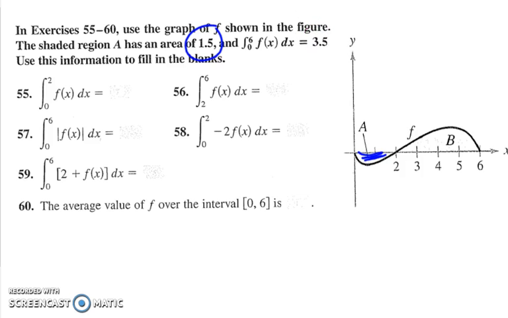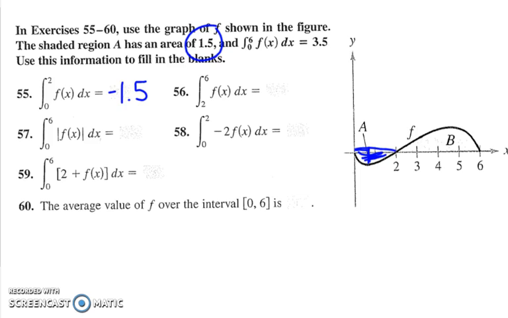Not just part B. So if I want to look from 0 to 2, that's going to be this part right here. We know that it has an area of 1.5, but that area is being calculated by moving to the right and then downward. So this is actually going to count as negative 1.5 because you'd be taking positive widths and negative heights. Then we want to go from 2 until 6.